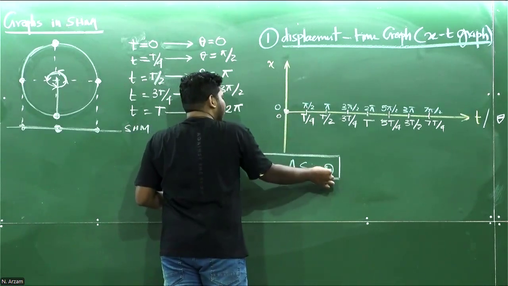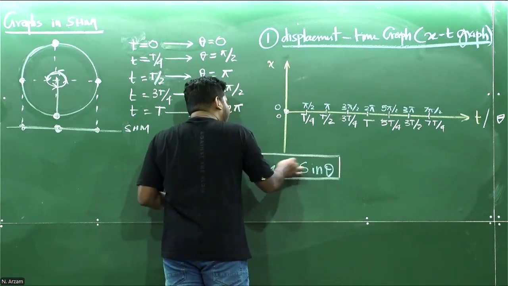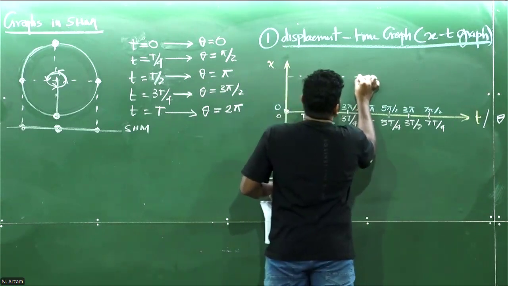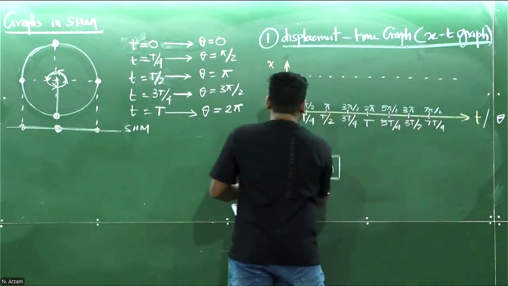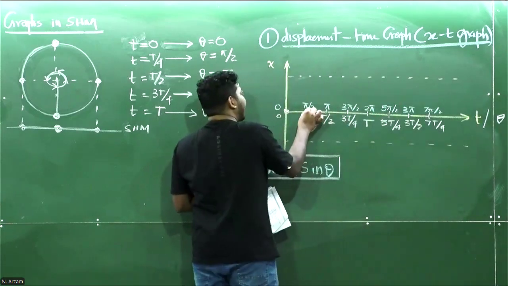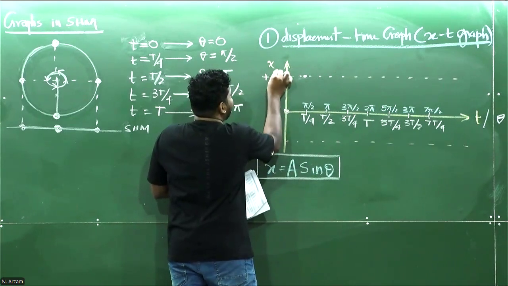At pi by 2, the value for the sine is sine 90 equal to positive 1. So x is equal to plus a. Look at this one, at 5 pi by 2, it's positive a.